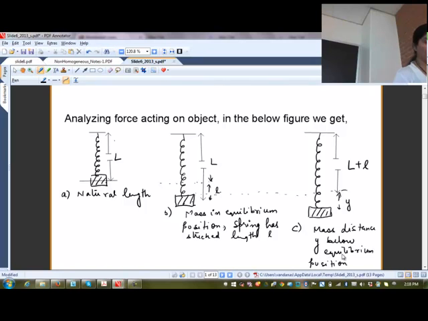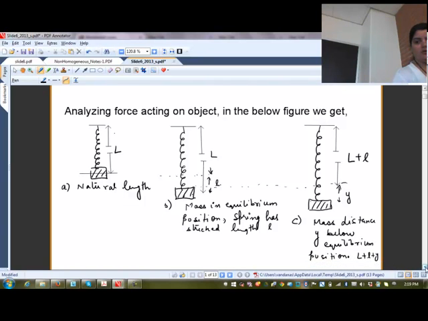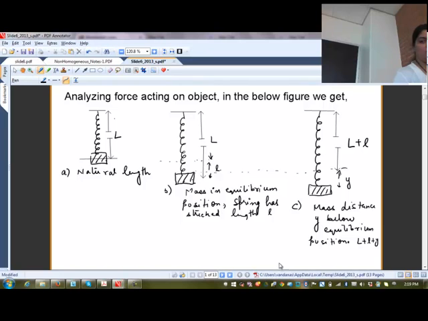Its final total length is capital L plus little l plus y. Maybe don't write it down like this, just leave it. Okay, so you know the final length.